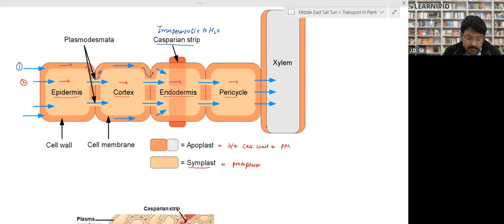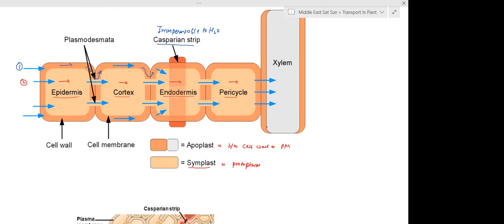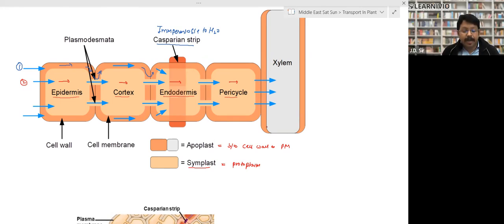The cytoplasm of adjacent cells remains connected. It does not enter into the central vacuole or cell vacuole. Full stop.